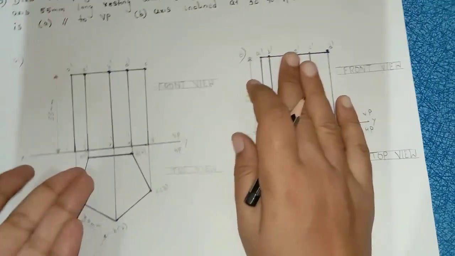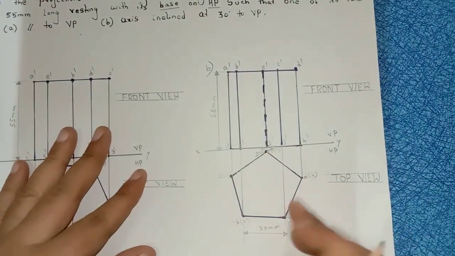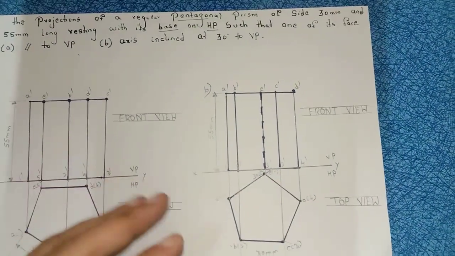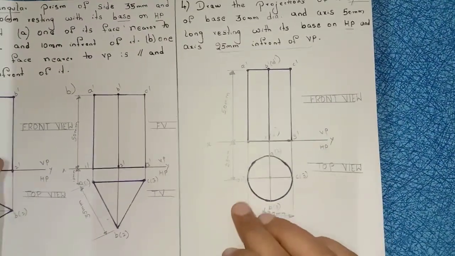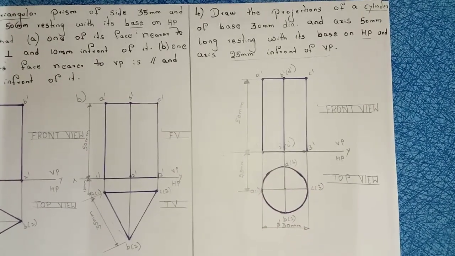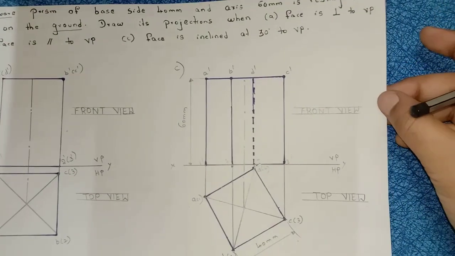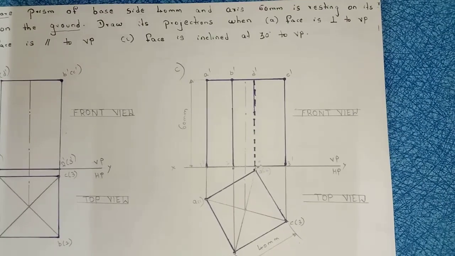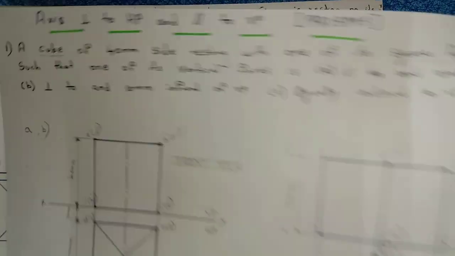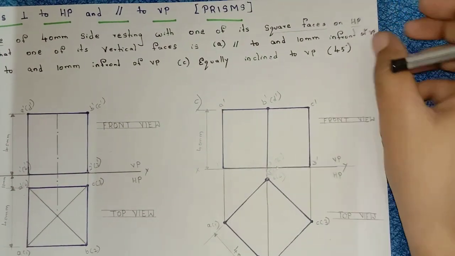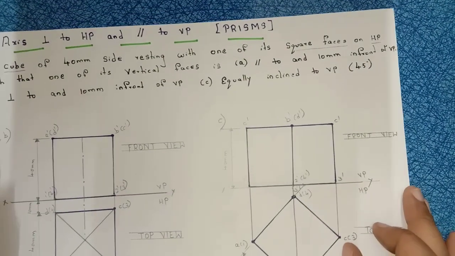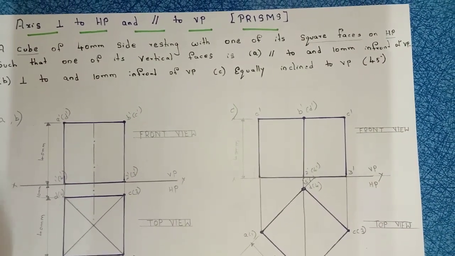So here A bit we have drawn only one position, B bit only one position. For this problem also only one position. In all these questions they didn't mention any angle, so that's why we have drawn only one position for these problems. Right, so this completes axis perpendicular to HP and parallel to VP prisms.